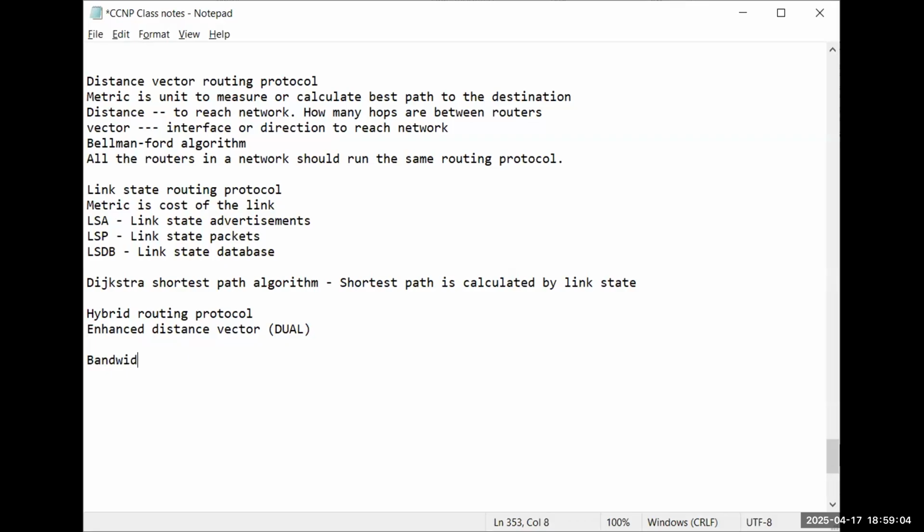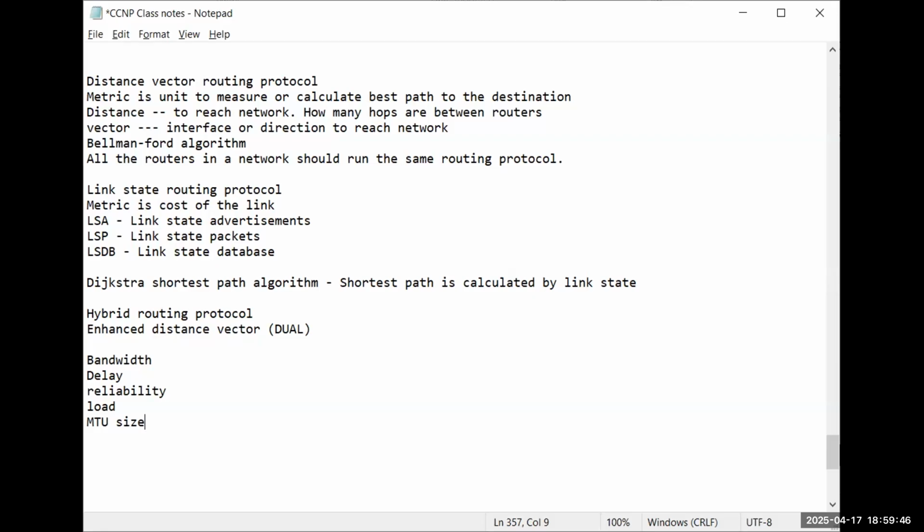Check the bandwidth of the link, delay, reliability, load, and MTU, maximum transmission unit size, for the path calculation. So these are the metrics used to define the shortest path in this hybrid routing protocol. Basically, EIGRP will come here.